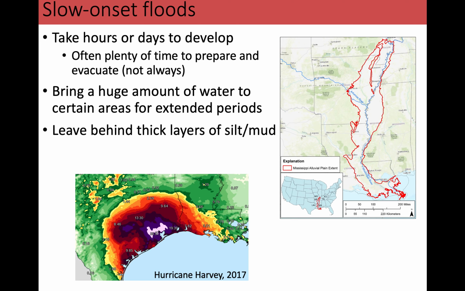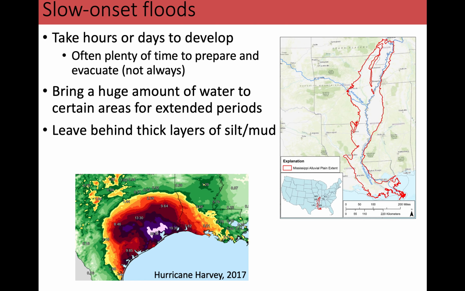It's something that happens on a time scale with which we can combat. So for the most part we can be relatively prepared for it and therefore get people out of the way. So slow onset floods are not as deadly for us as the other type, which we'll get to.